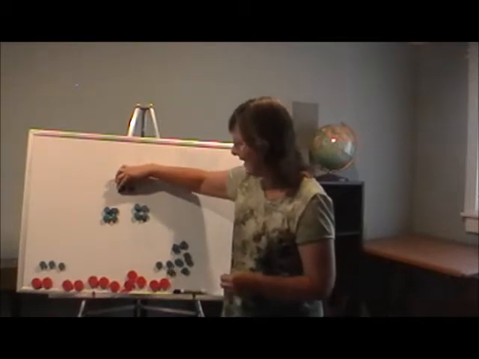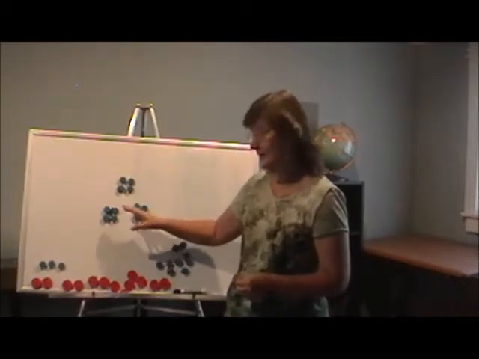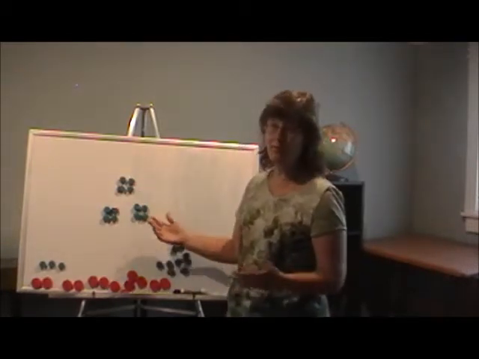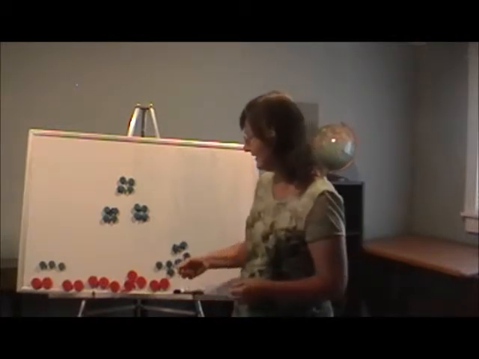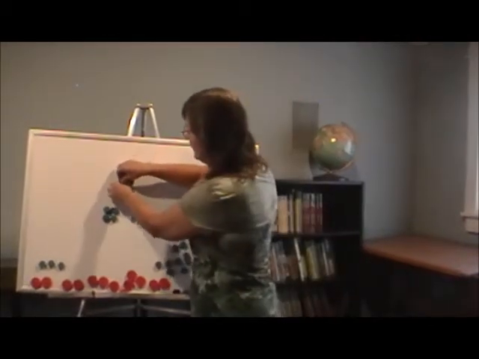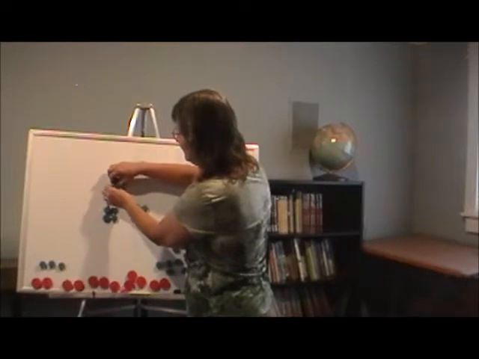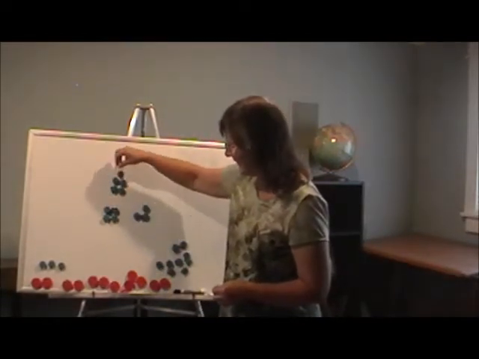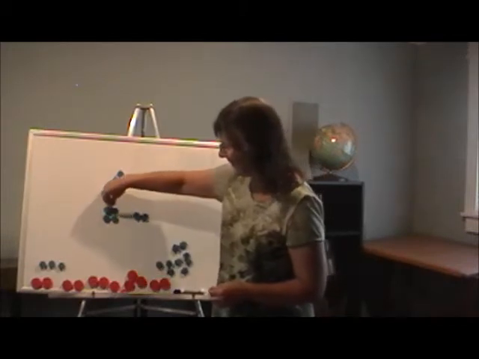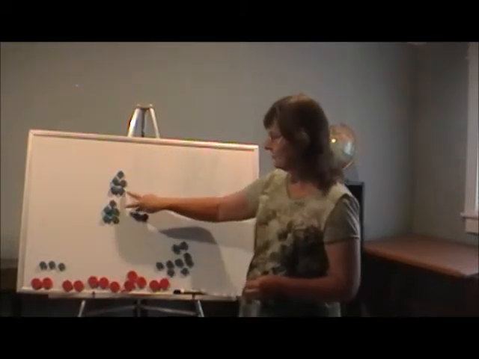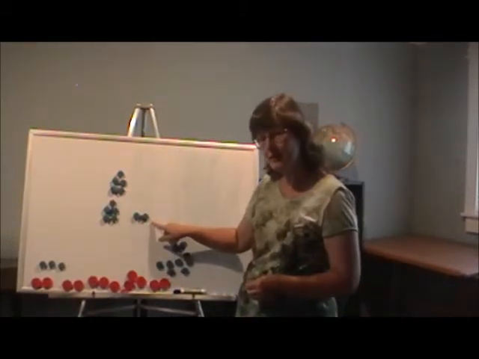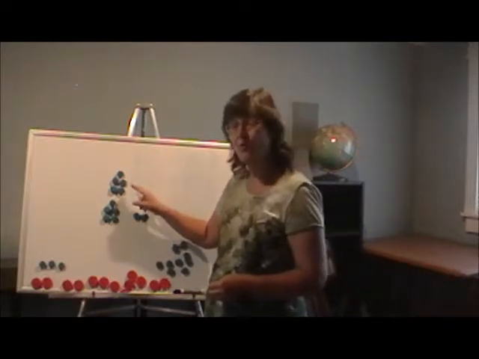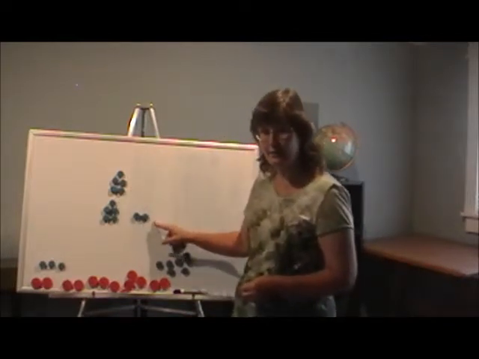So here we have 4 times 3, or 3 times 4, which is the same thing. We've got 3 groups of 4. Let's take this last one, make that a 5, make that a 5, and our answer is 10, 12. So 4 times 3 is 12.